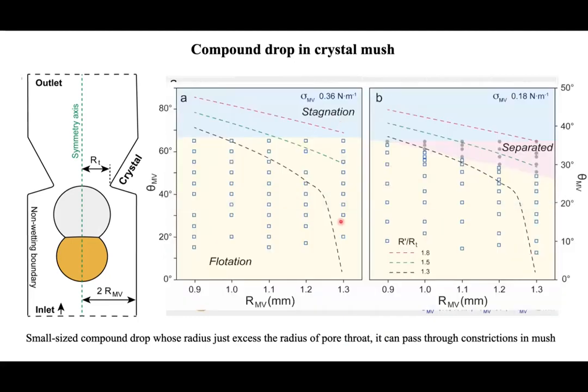Here are also the regions for which conditions the compound drop can pass through this crystal mesh, and in these small cases, the sulfide and the bubble will separate.